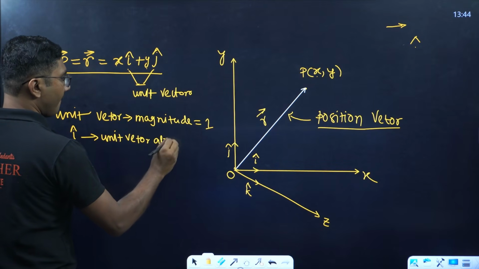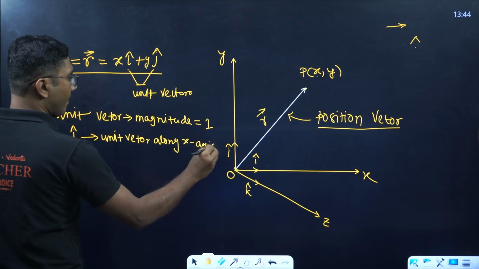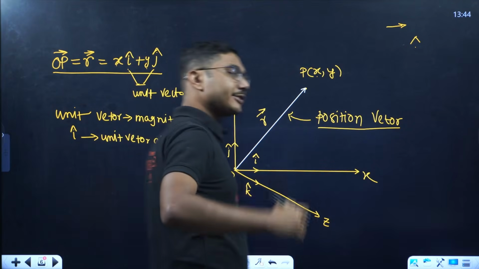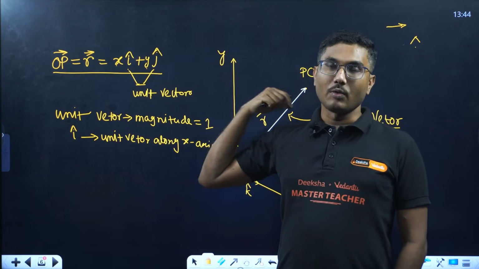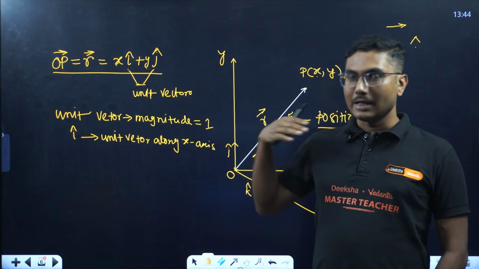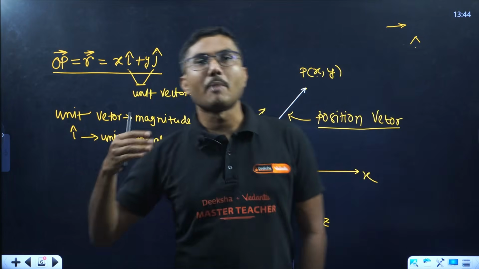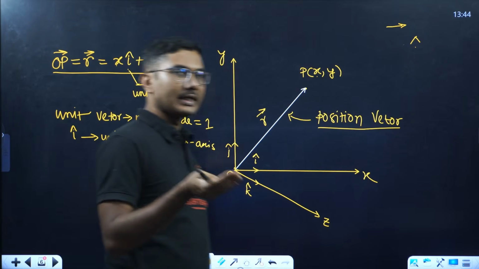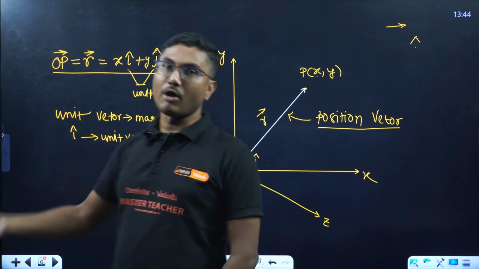along the x axis. It is along the positive x-axis, it is positive. If you go along the negative x-axis, it will be minus i cap. So in some cases you will see some of the values are minus. Don't be afraid. Minus means the direction is opposite. Suppose you have a point x comma minus y. You keep i cap j cap the same, you use the sign itself, so that already gives you a unit vector in the opposite direction.